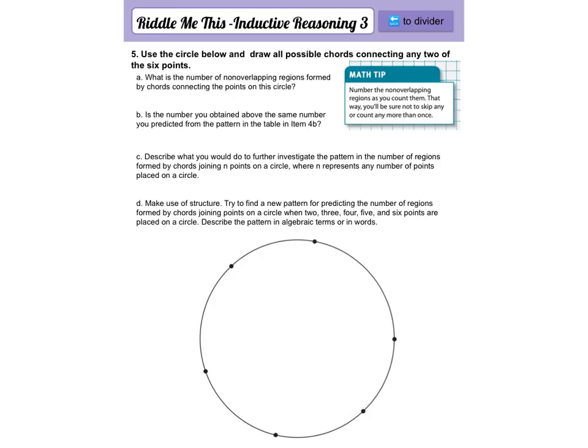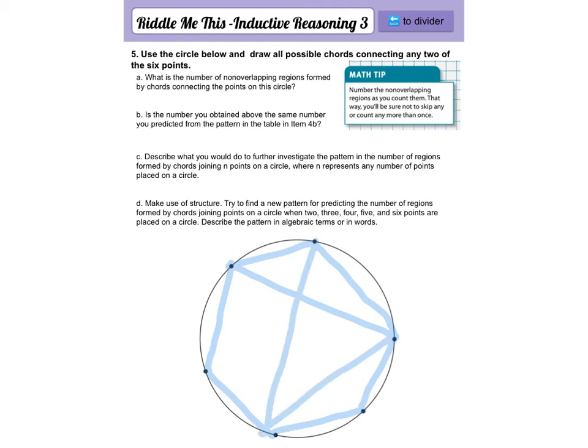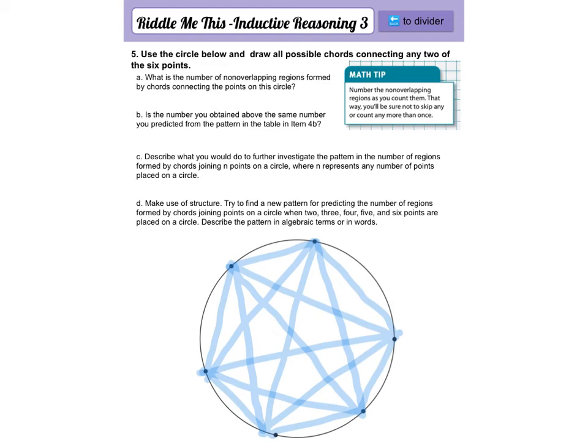Use the circle below and draw all possible chords connecting any two of the 6 points. So 1, 2, 3, 4, 5, 6, and 1, 2, 3, 4. I hope I found all the lines connected correctly. So the first question, what is the number of non-overlapping regions formed by chords connecting the points on this circle?